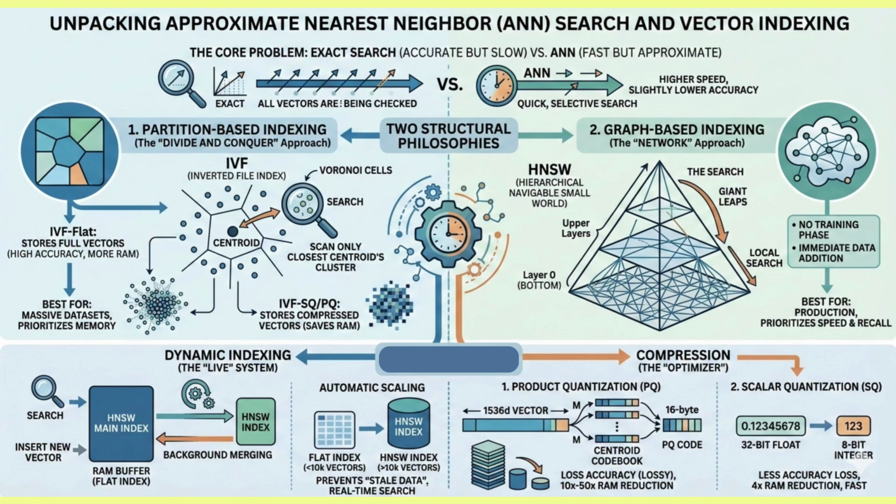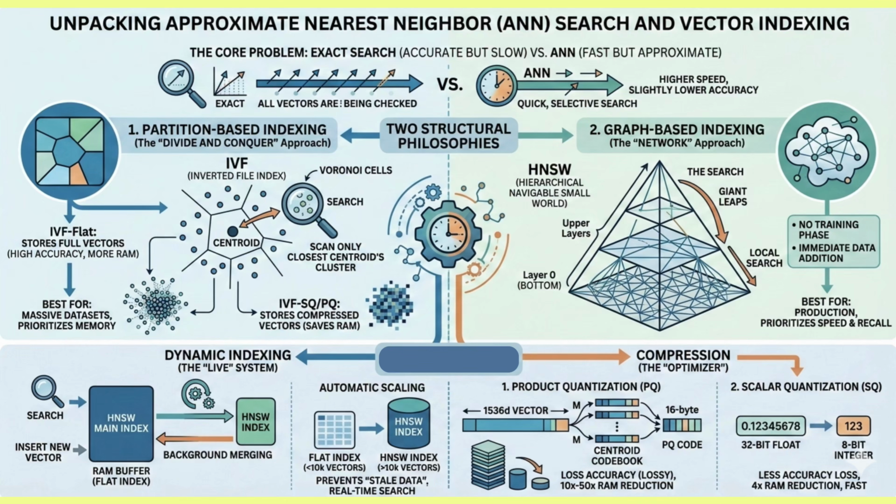How it works: it builds a multi-layered graph. So we have the bottom layers and the upper layers. The bottom layer contains every single vector with dense short-range connections, or we can call them the street map.